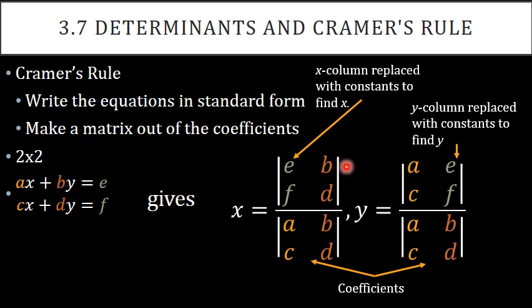The other column is the same as below. The column you are solving for, so here we wanted to know x, that's changed. Everything else is the same above and below. Here's the y. So the y column got changed. Everything else here is the same as below.